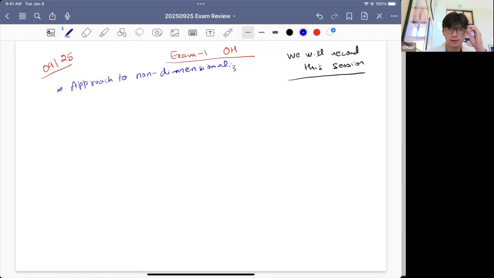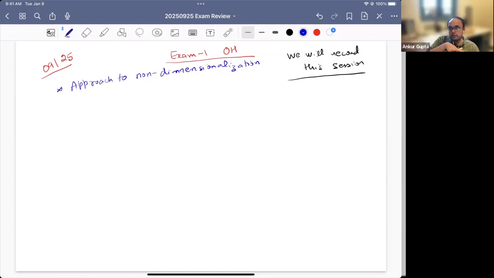I incorrectly non-dimensionalized, and it caused the whole problem to be wrong, and I had to redo it. Are you talking about similarity variables, which was problem three, or in general about non-dimensionalization? I'm talking in general.